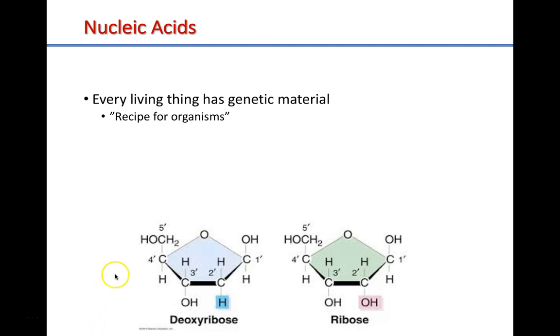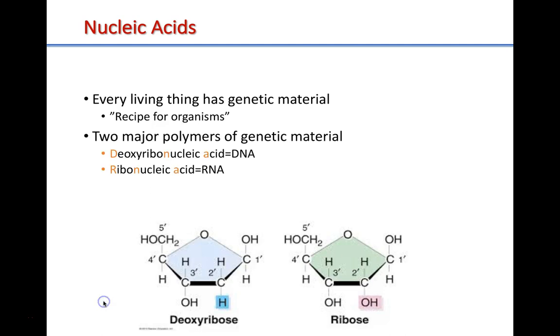Genetic material we'll talk about today are different types of nucleic acids. The two major polymers of genetic materials are DNA, which is deoxyribonucleic acid. See the D, N, and the A. And then RNA, which is ribonucleic acid. And I'll talk a little bit about the structure differences so you can figure out how they are different.